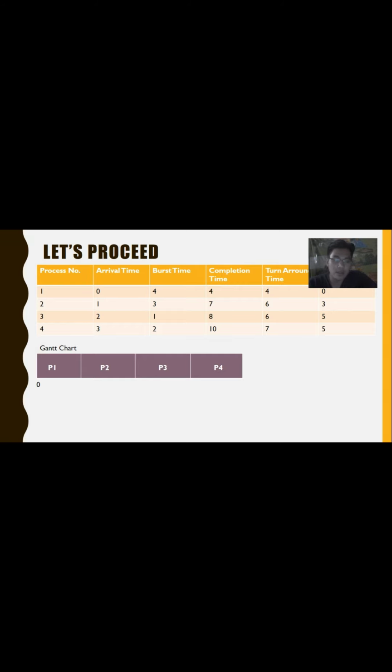The question here: how much time does P1 require to execute? If we consider our burst time is 4, then the answer is 4. We can see here that there's no waiting time. It's direct.